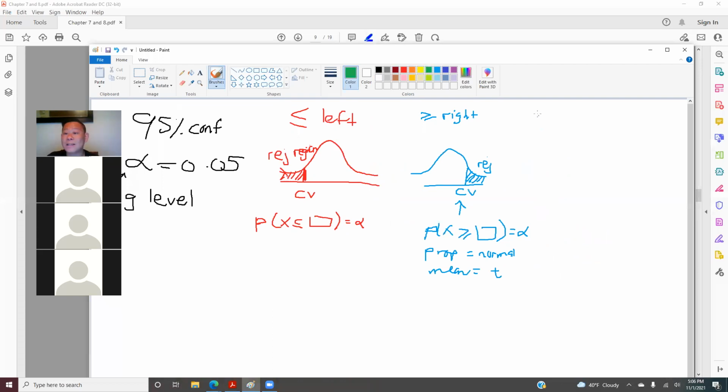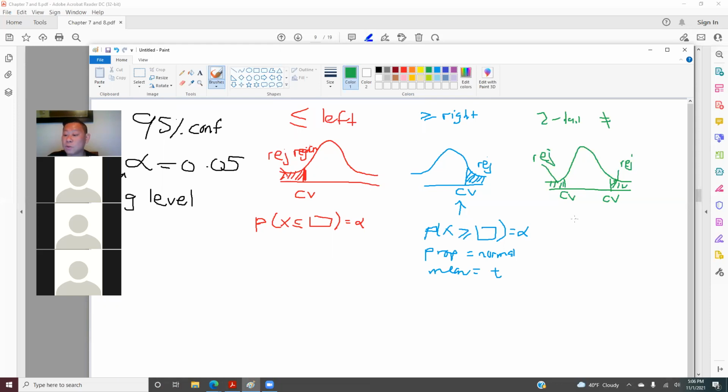And then the last one is a two-tail test. A two-tail test is for a not-equal symbol, which means your critical value will consist of two. You have two critical values and two sides, so you have two rejection regions here. This is all rejection region.